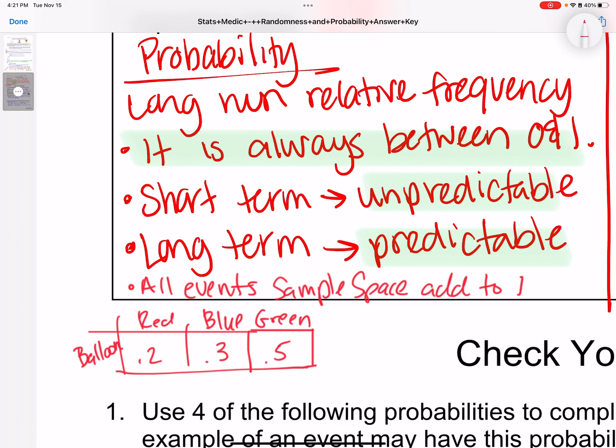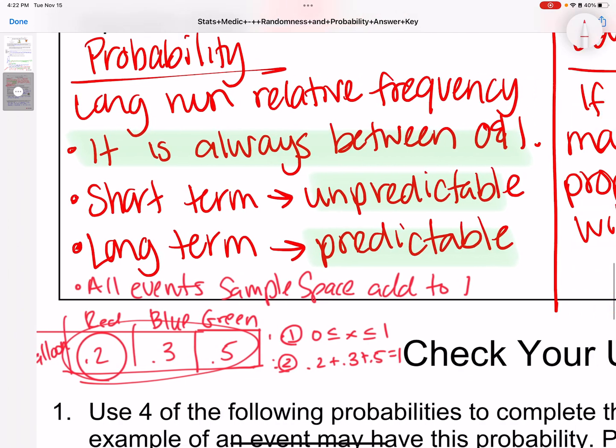This is a valid probability because each individual probability is between 0 and 1, and all of the events add up to 1. So those 2 things you have to remember: if it asks if it's a valid probability, those are the 2 things to check and the 2 things to go ahead and write down.